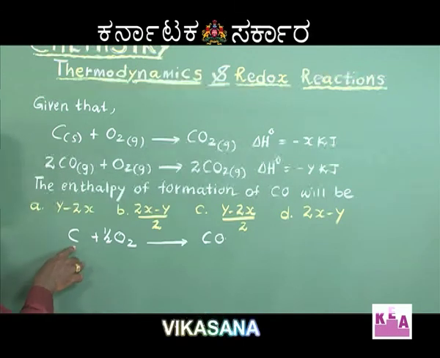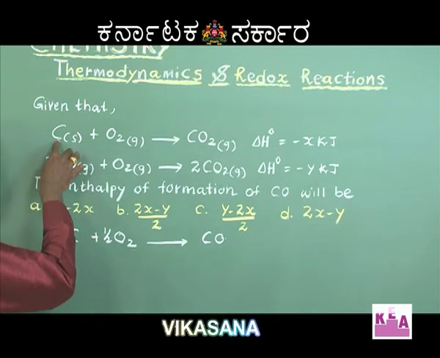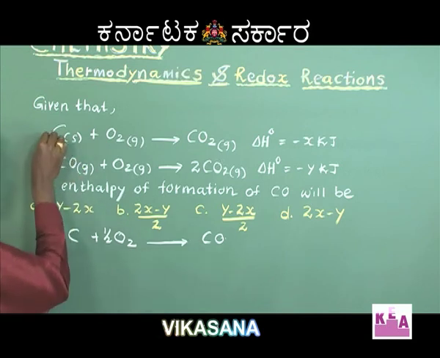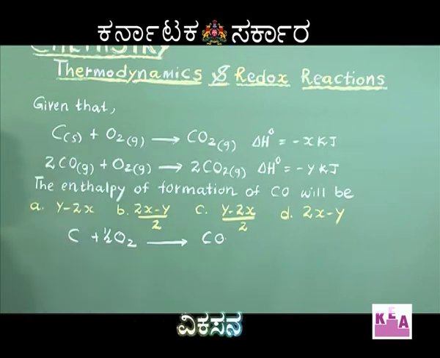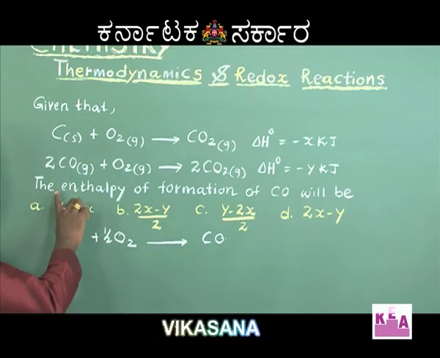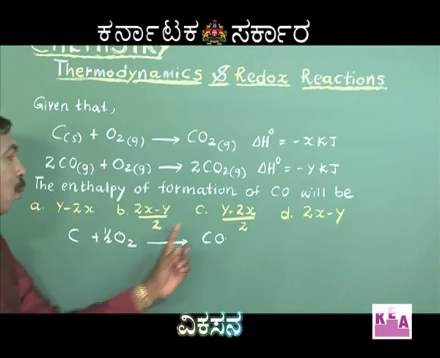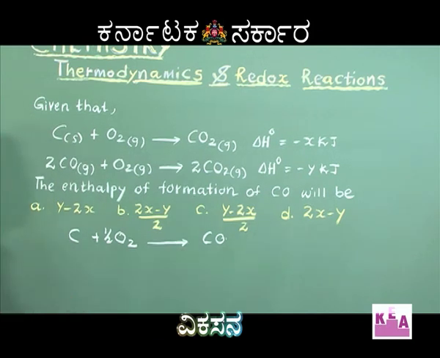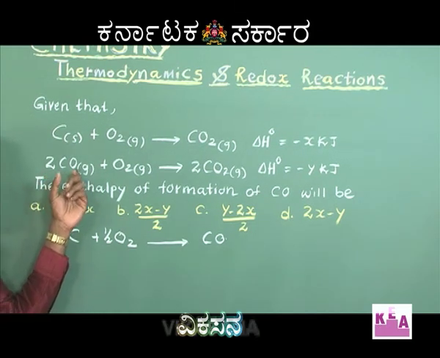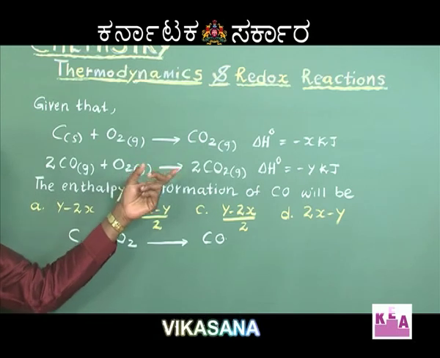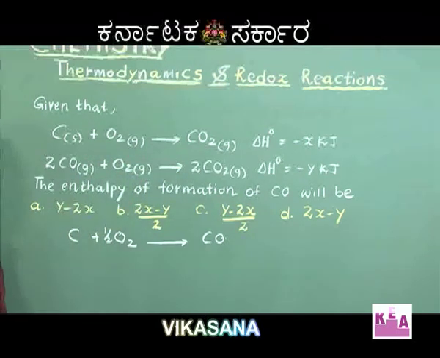I want carbon, which is there in equation 1, if I happen to label it as equation 1 and equation 2. I retain it as it is, equation 1. I want carbon monoxide on the product side, therefore I will reverse equation 2, and I want it for 1 mole, therefore I have to divide the value of delta H naught for equation 2 by 2.